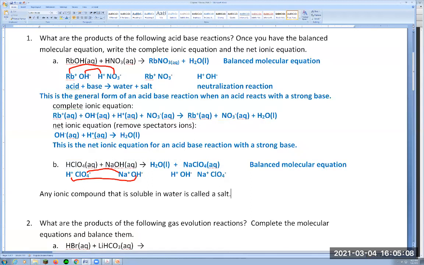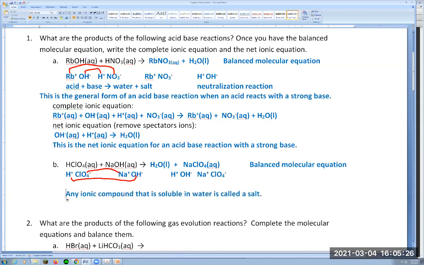Even those that are insoluble, I think, are called a salt, but it is usually said for the ones that are soluble in water. Right, it has to be ionic, not molecular.